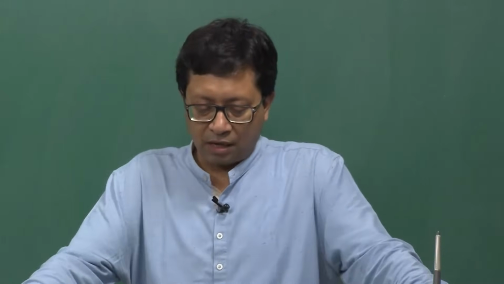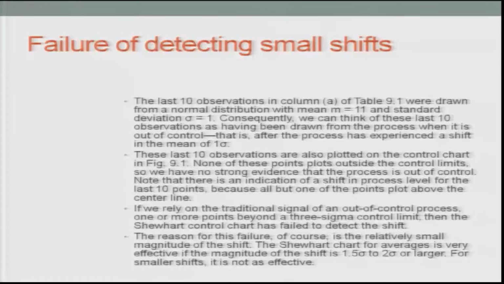It continues: the process has experienced a shift in the mean of 1 sigma. So, the overall value would be shifting from 10 to 11, and if it is decreasing, it will decrease from 10 to 9. The last 10 observations are plotted on the control chart.